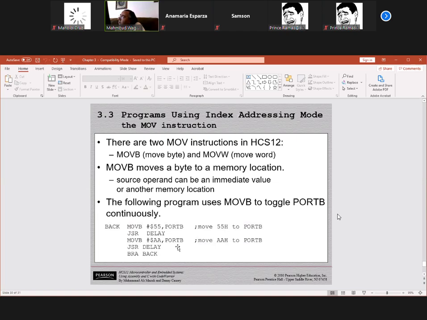Remember, in lab number 1, you were totally unaware of assembly language programming, and in lab 2, you were totally ignoring the actual hardware. Everything was a simulation.